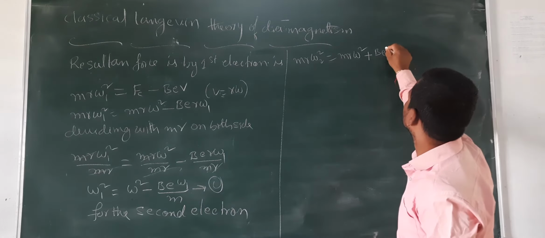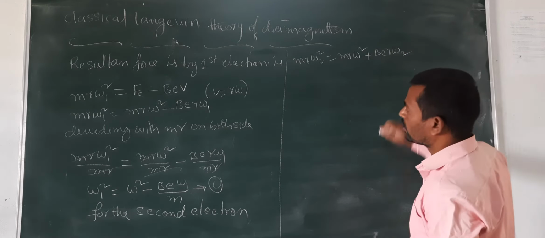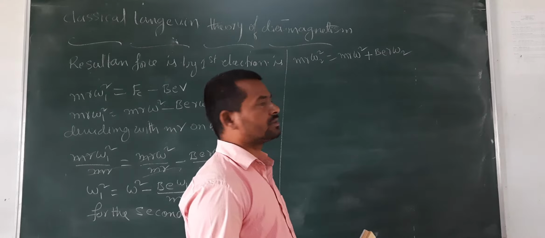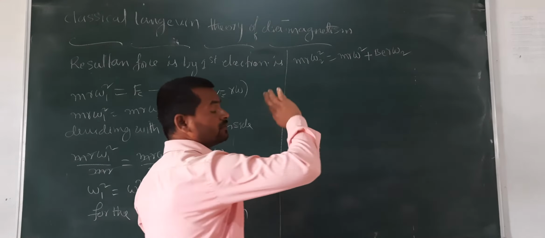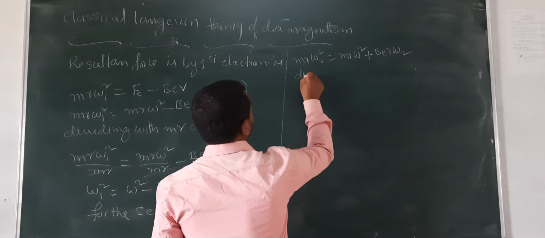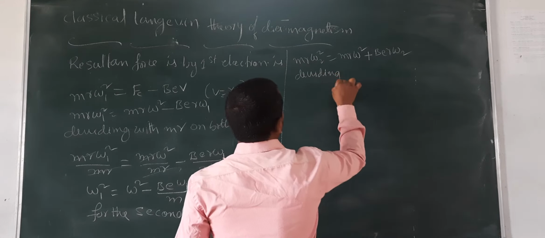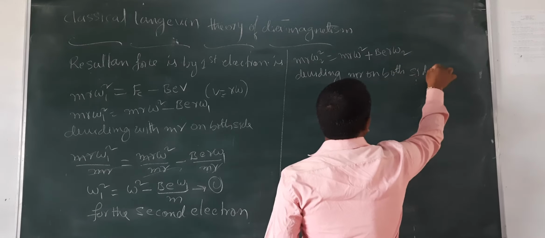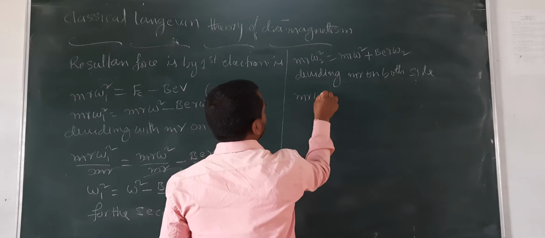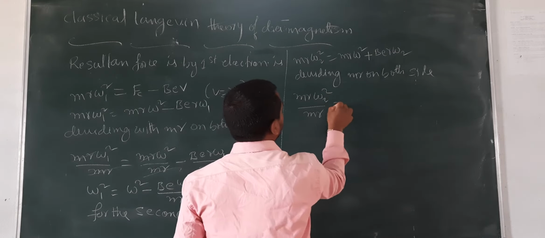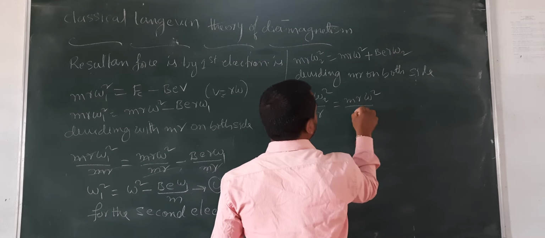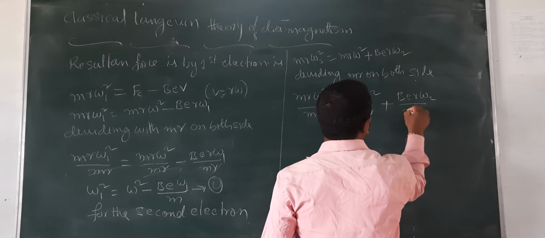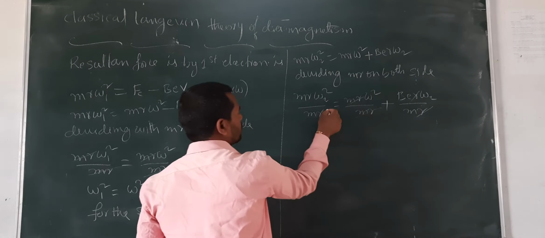So plus B e r omega 2. Same thing, dividing with m r on both sides: m r omega 2 square by m r equals m r omega square by m r plus B e r omega 2 by m r.